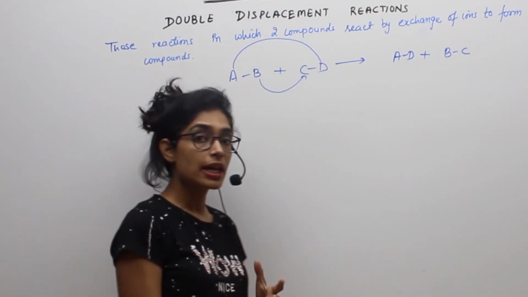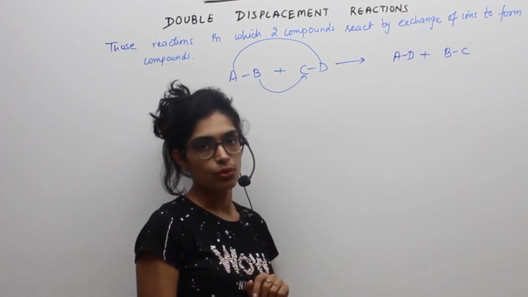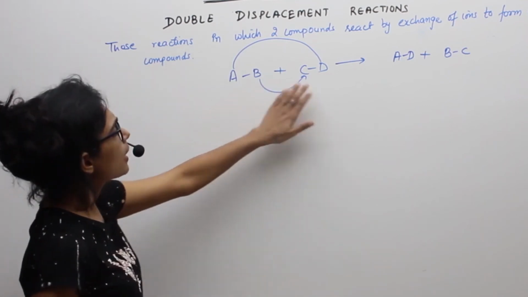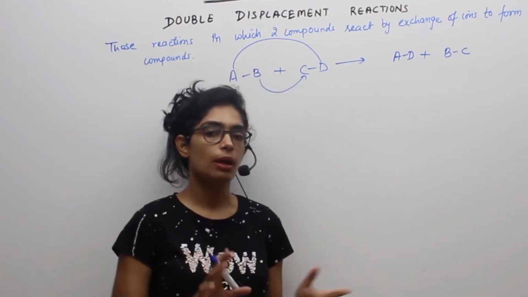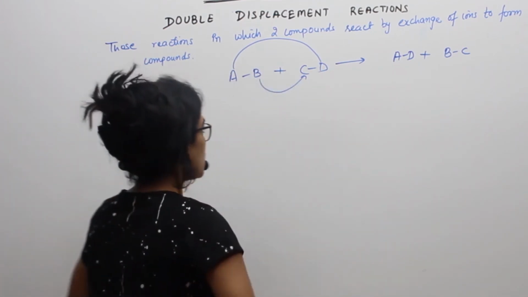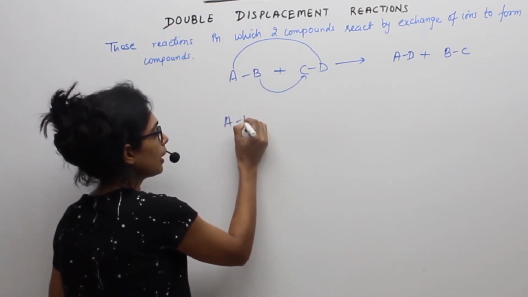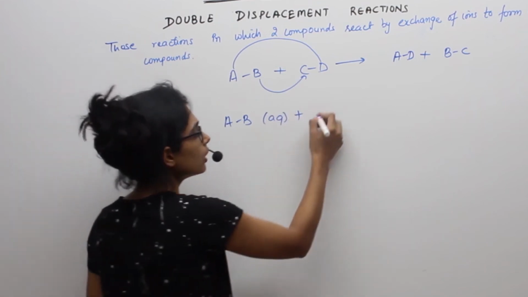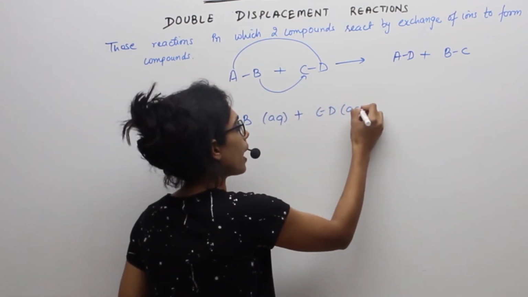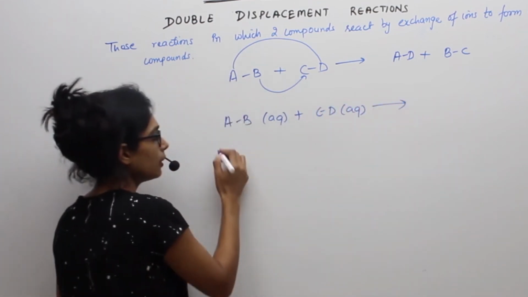But how it happens and why it happens, that we have to understand. So now I'll explain with the help of a generic example, and then we'll come to the reactions directly. So let's say AB is aqueous in nature, basically dissolved in water, and CD is also aqueous in nature. What will happen?